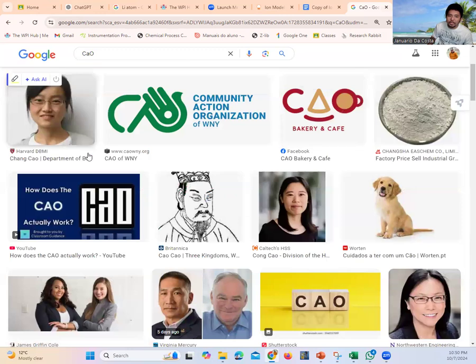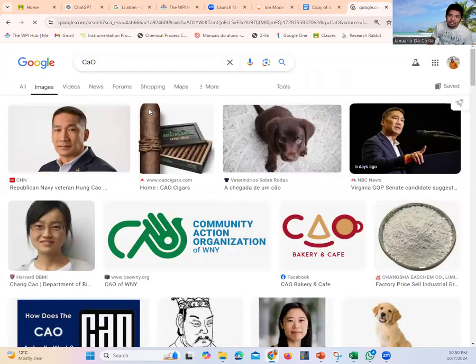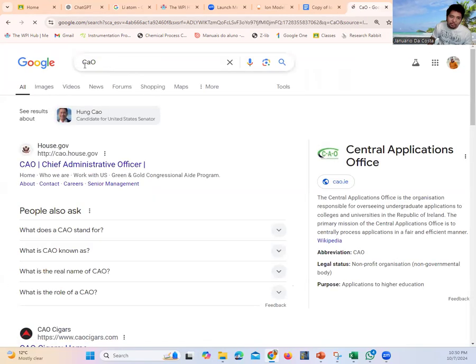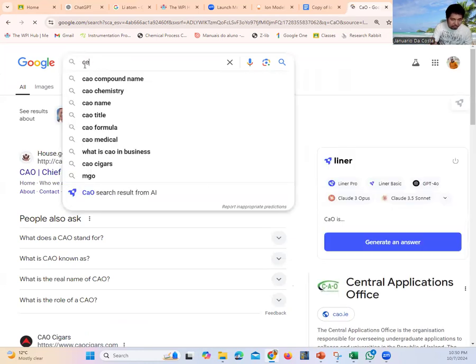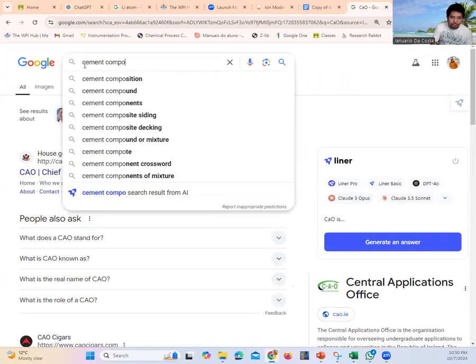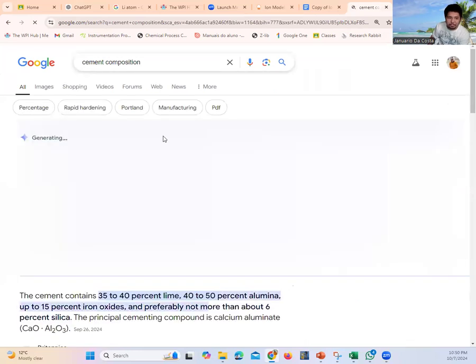Let's say cement composition. What is the composition of cement?